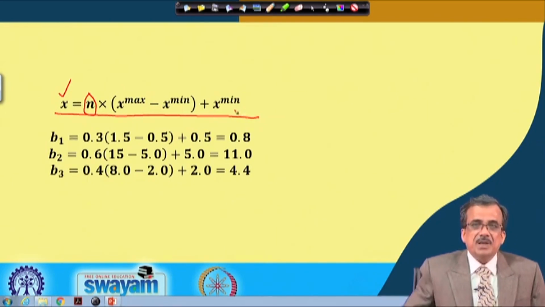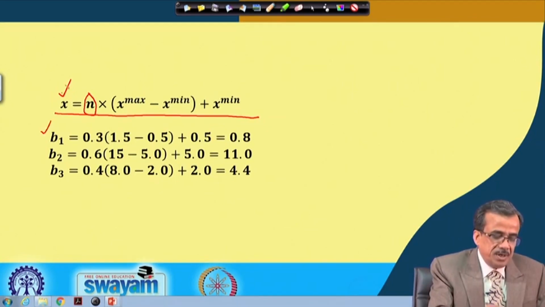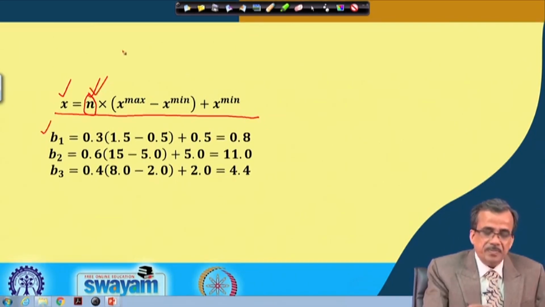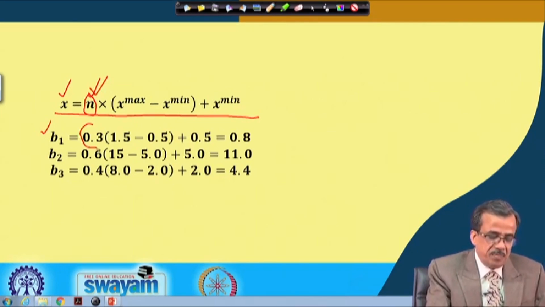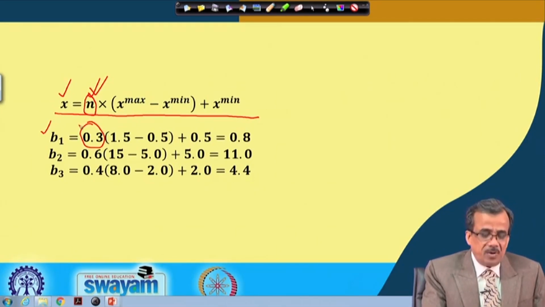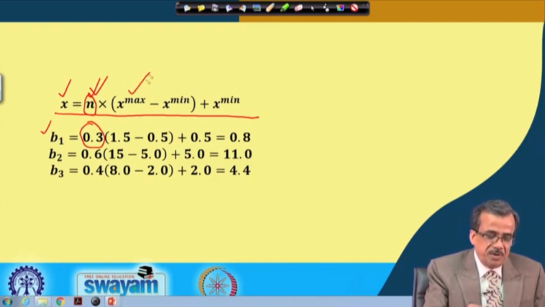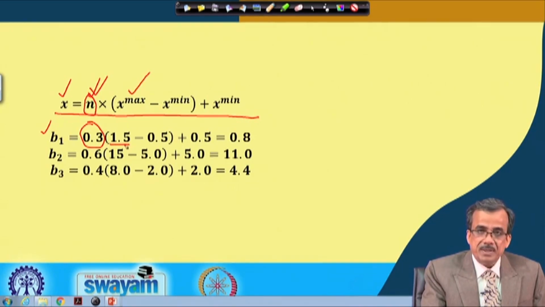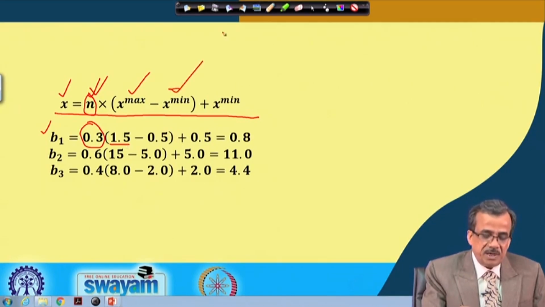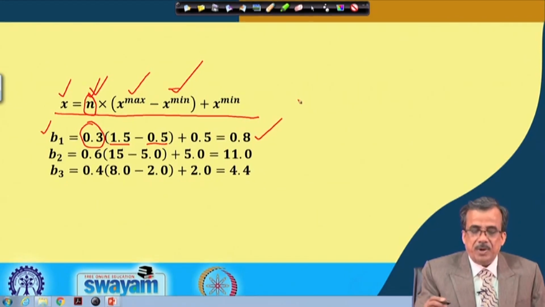Now, for a particular variable say B1, if I know the normalized value, that is 0.3, the maximum value for B1, that is 1.5, and the minimum value for B1, that is 0.5, very easily I can find out the real value for B1.